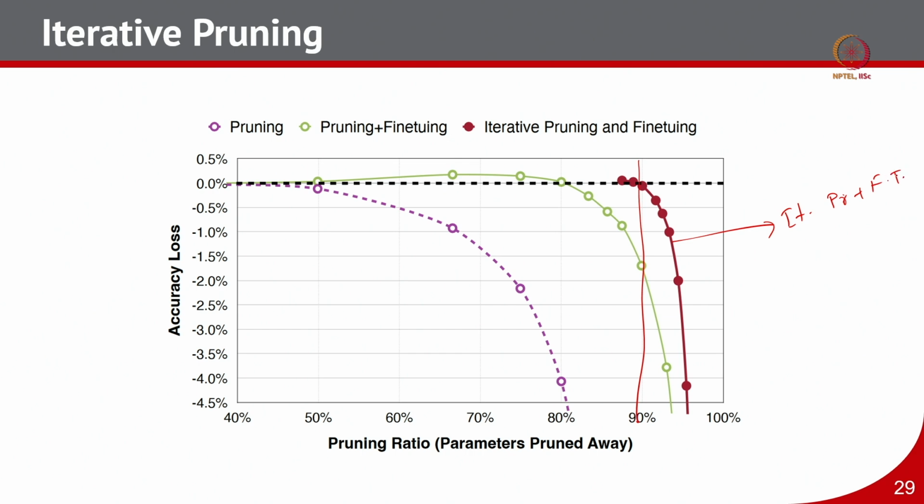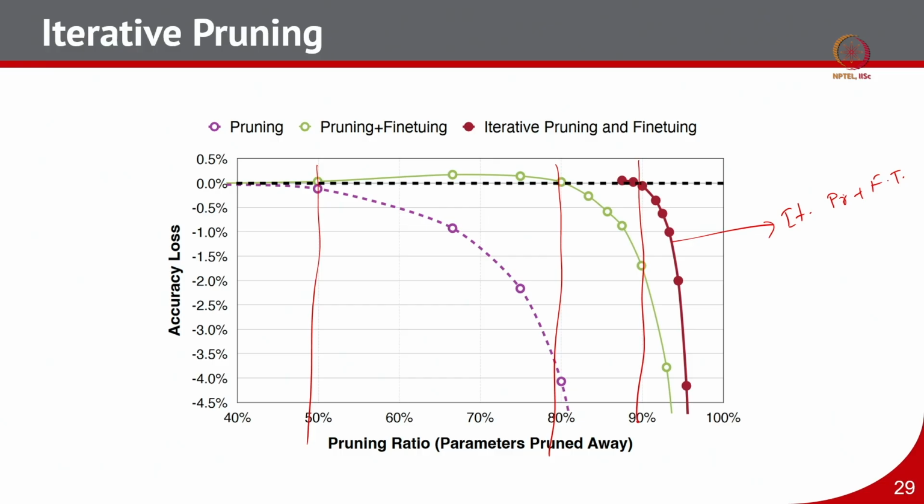As you can see, if we just do pruning, with no optimization after pruning, then we can only get a 50% pruned network without any loss in accuracy. If we perform fine tuning, then we will be able to prune 80% of the network without any loss in accuracy.